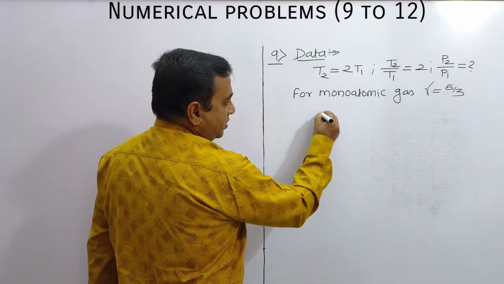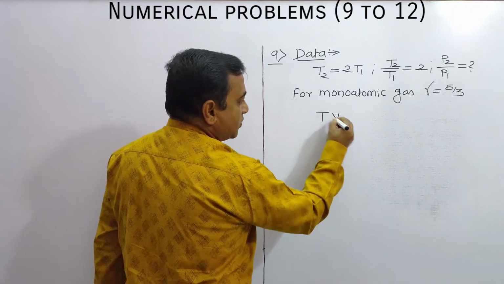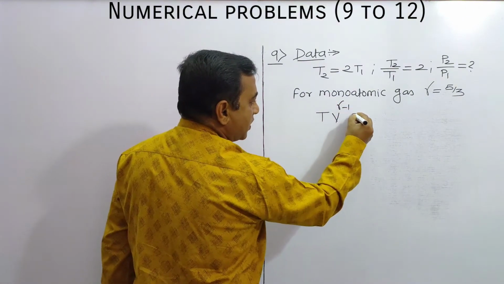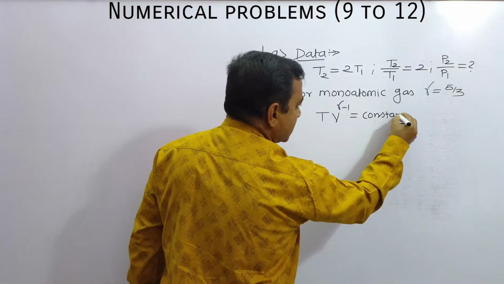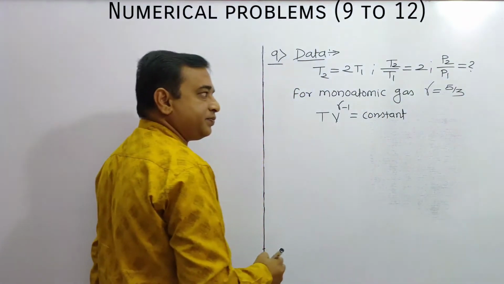We already got the relation, that is T V raised to power gamma minus 1 is equal to constant. We know very well this formula, already we had derived.